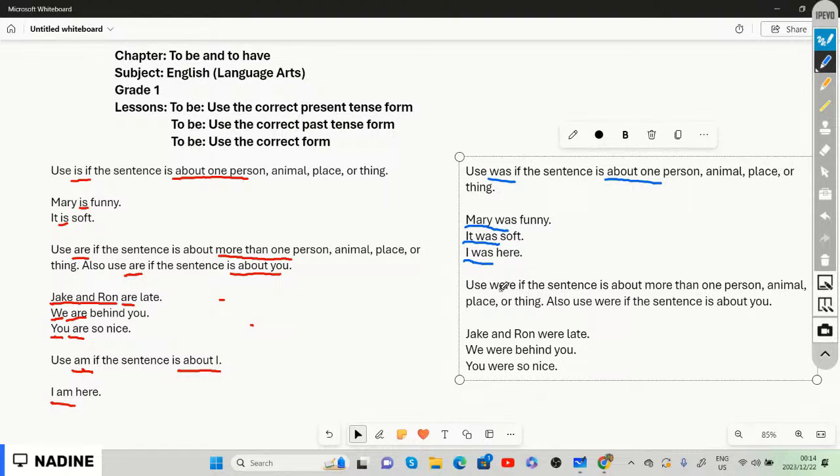Then we use were if the sentence is about more than one person, animal, place, or thing. I did say the topic for today is to be and to have.